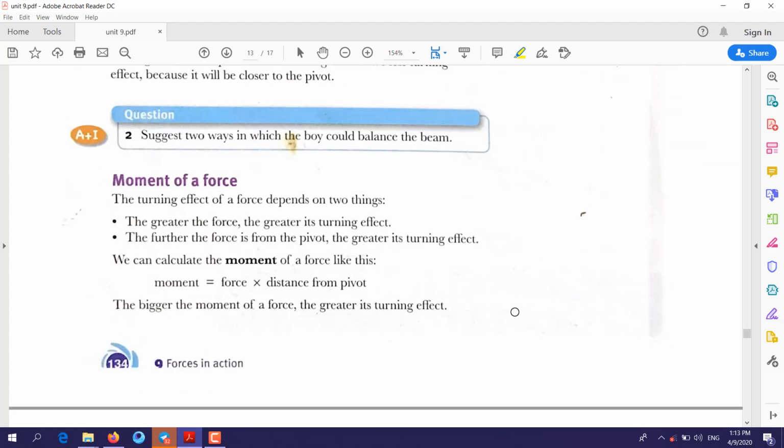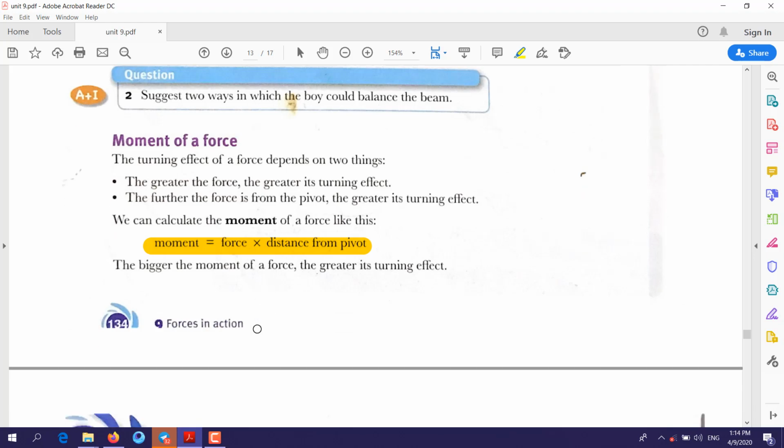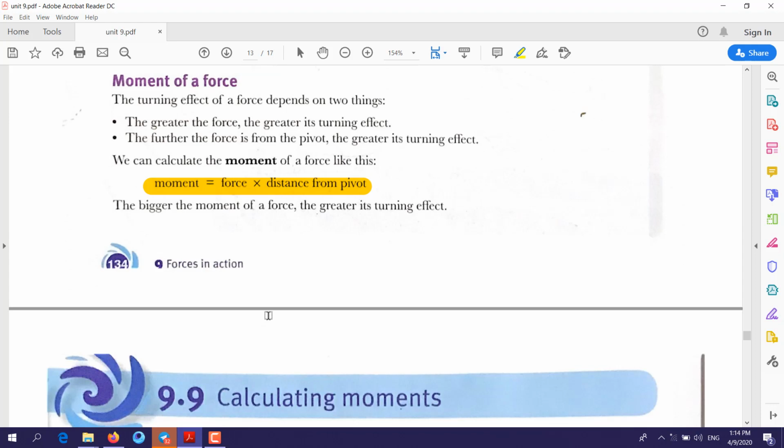To find the moment of any object, you need to use this formula: moment equals force times distance from the pivot. In any math question, firstly write the formula, secondly replace the words with numbers, and after that write the unit.